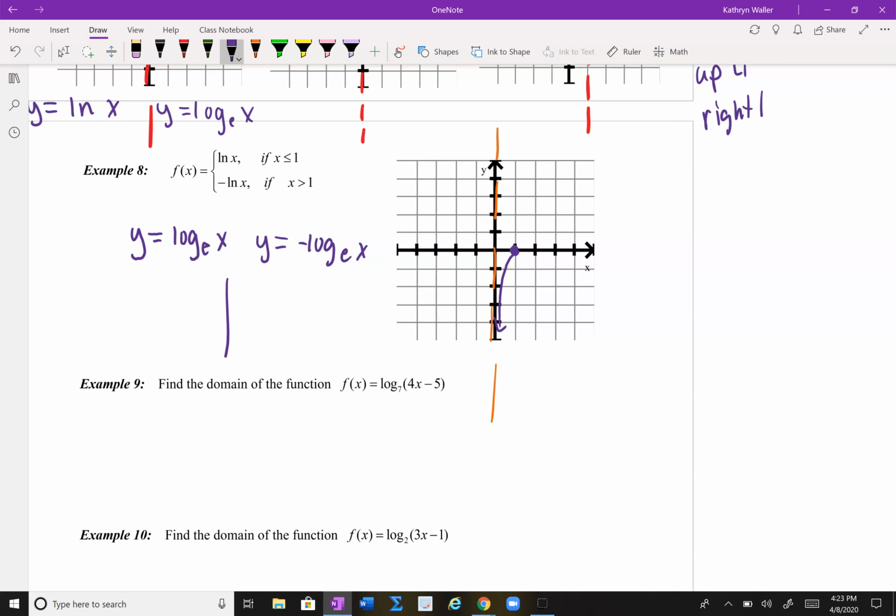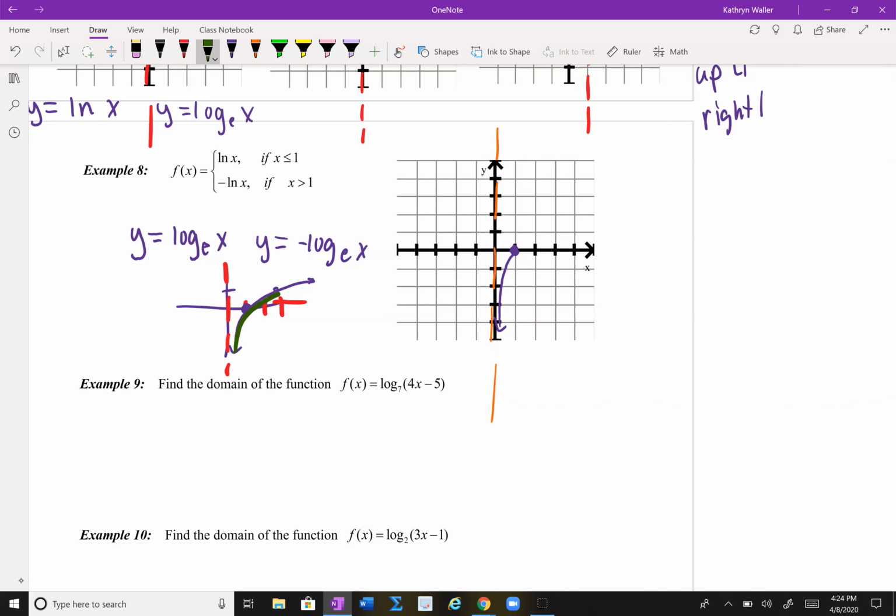I'm super visual, and I want to see that graph of ln before I reflect it, because otherwise it's kind of tough for my brain. So I'm going to go 1, 0, back to the origin, 2.7 comma 1, and I'm going to curve it in, and now I can see that graph.